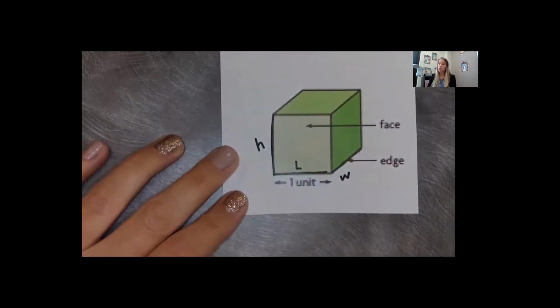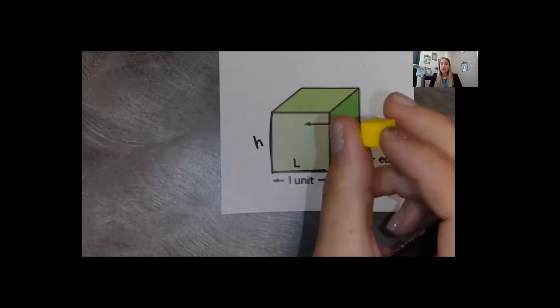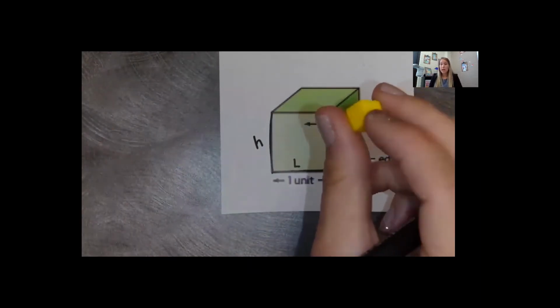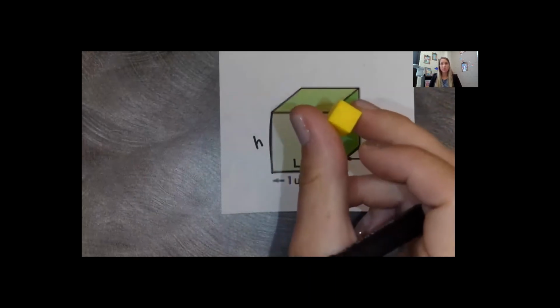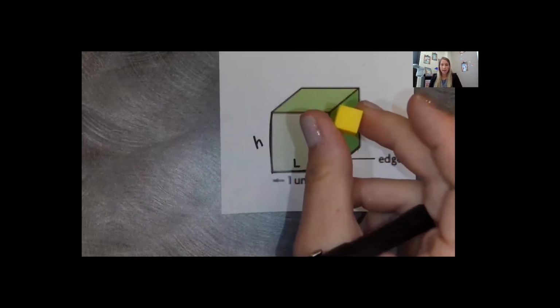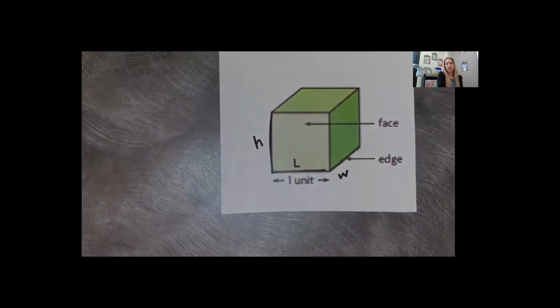So it has 3 dimensions. Looking at this unit cube, I could say the length, the width, and the height of this unit cube is 1 cubic unit. They're all 1. Now, what happens when we stack some unit cubes?